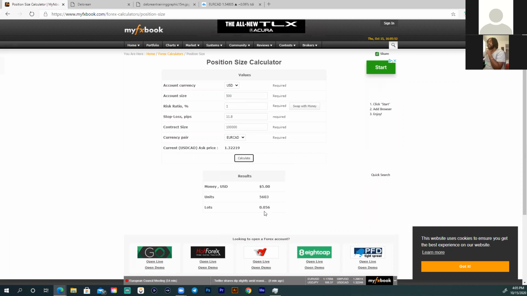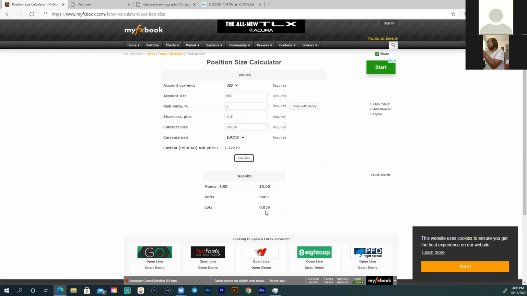That means we can use a total lot size. If we're risking $5, which is 1%, for a stop loss of 11.8, that means we can have a lot size of 0.05. If you know your lot size is 0.05, that's 50 cents per pip, right?